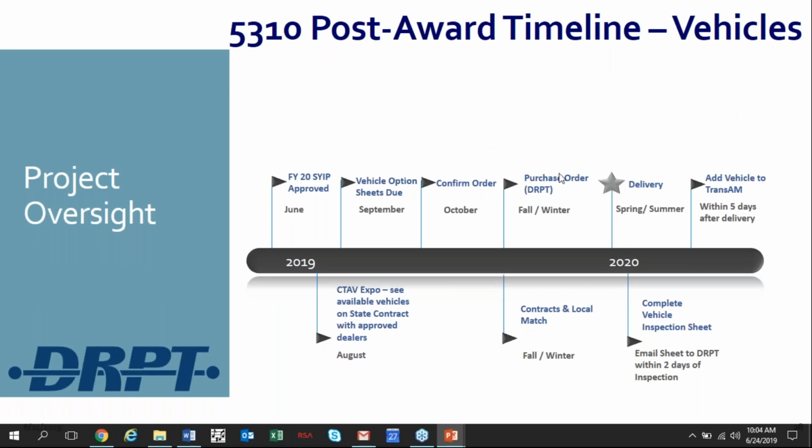Once the vehicles are ordered, you should be looking to receive them in the early spring through summer of next year. I think this year the vehicles, the minivans, started being delivered in May, so they were coming in really early. Once you receive the vehicle from Sunny Merriman, you'll get a stack of paperwork with it.